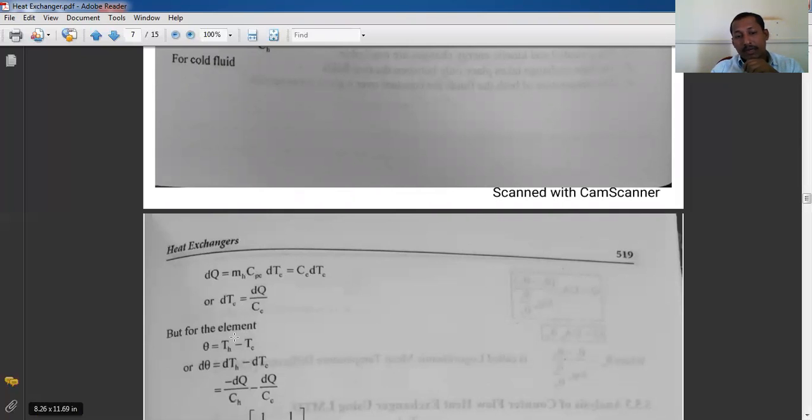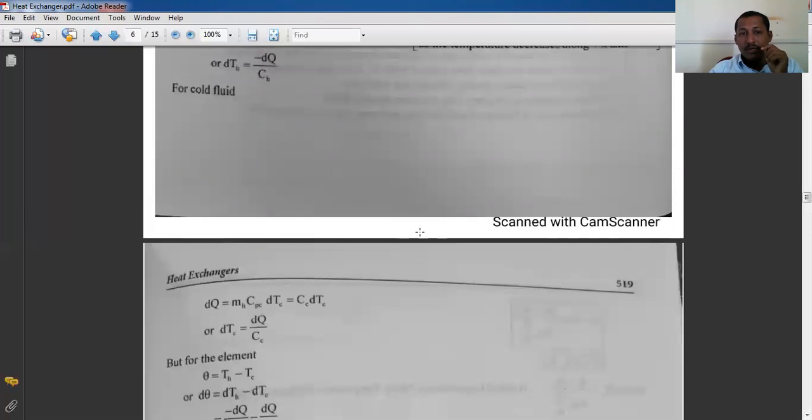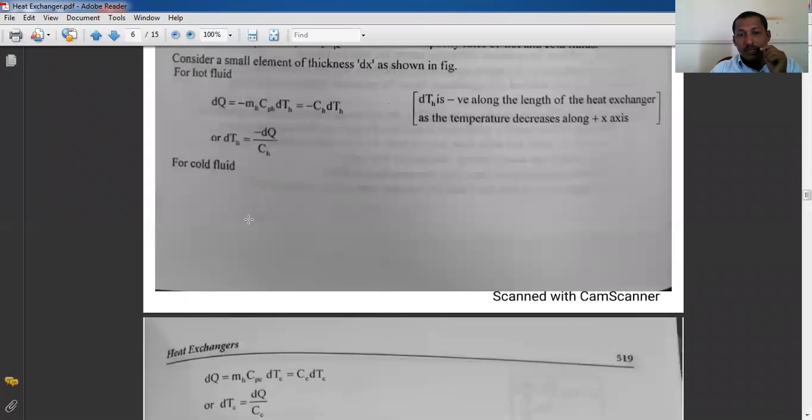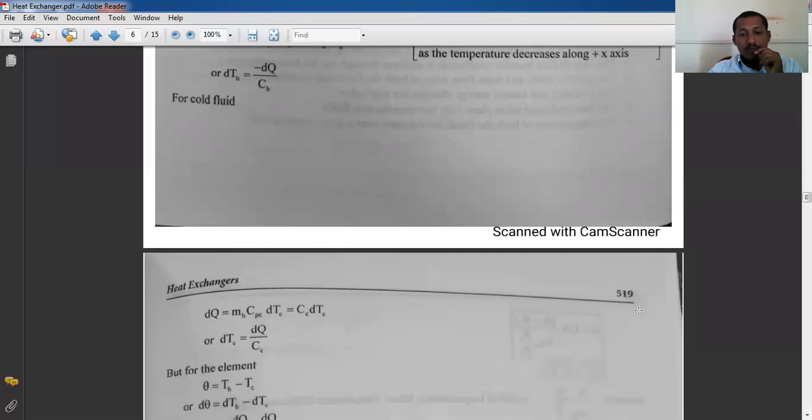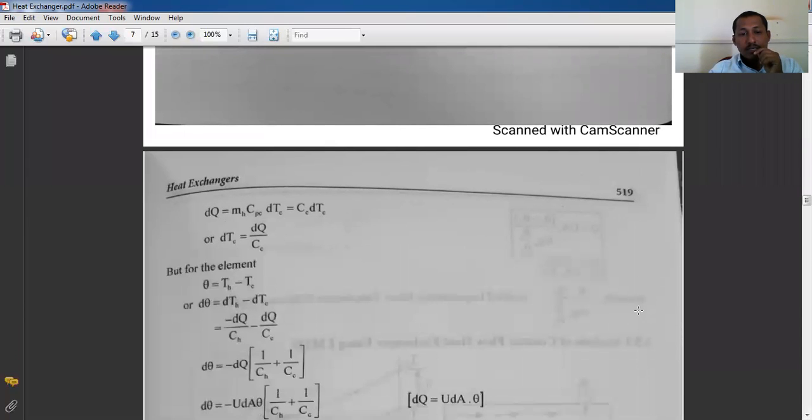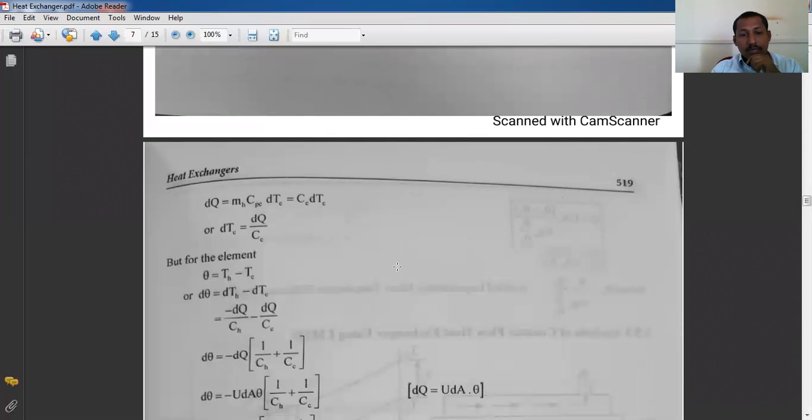But for the total element, the temperature difference theta is equal to TH minus TC. Now differentiating this equation, d theta is equal to dTH minus dTC. So substitute the values we have derived: dTH is equal to minus dq divided by CH, and dTC is equal to dq divided by CC.